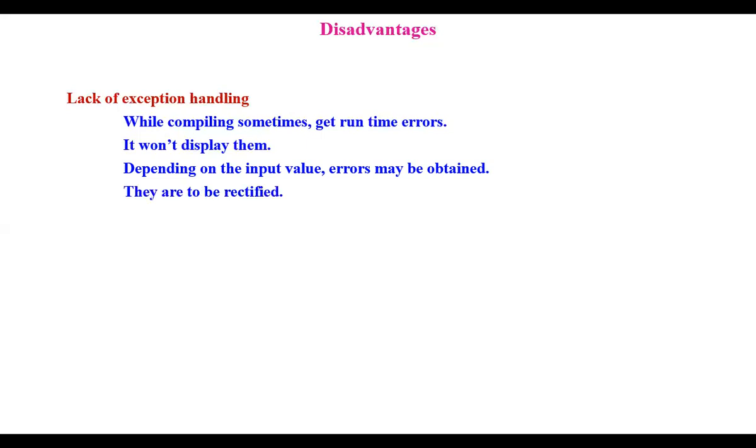They are to be rectified. Errors come in two ways. One is compile time errors, which can be handled. And the other is runtime errors. These runtime errors, at the time of execution of the program only, we will come to know them.